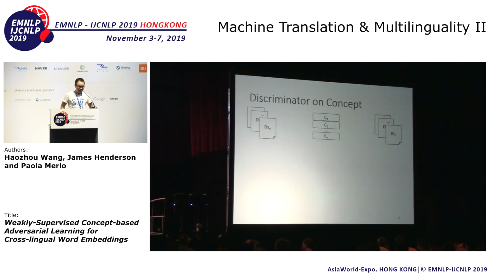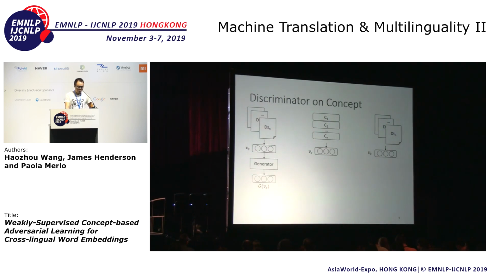We have a set of source documents and a set of target documents, and both are aligned together by concepts. We first sample a concept, and then we sample two words, in the source language and the target language, which are used to describe the same concept.